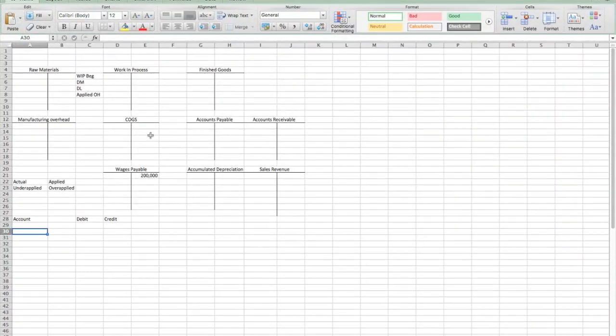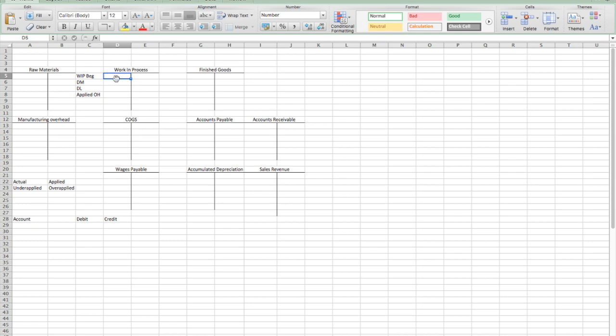So I've just set up all these T accounts, and they should all be 0. And it gives you all the entries and says prepare journal entries and prepare T accounts. Post the relevant information, compute the ending balance for each account, and assume the work in process has a beginning balance of 42,000.